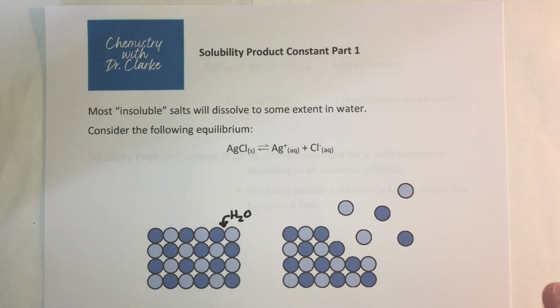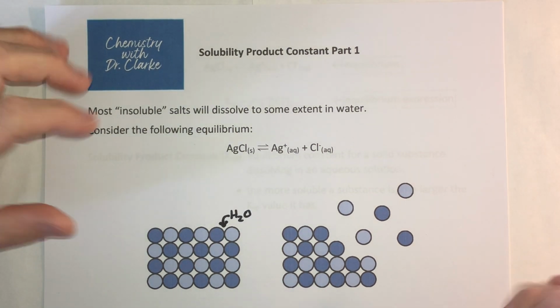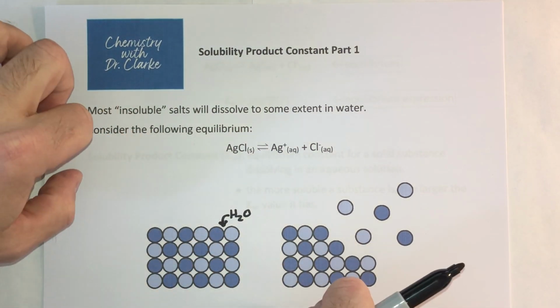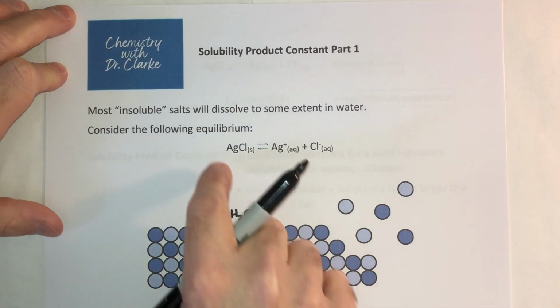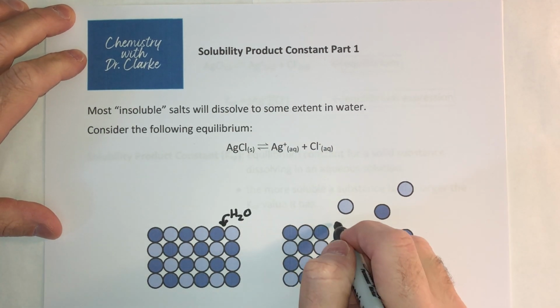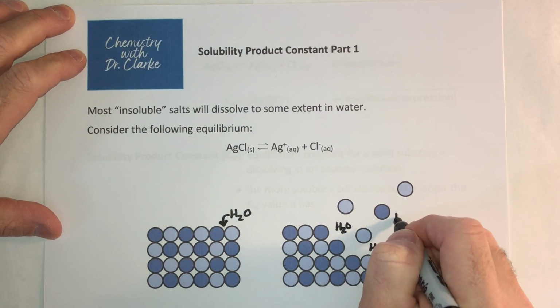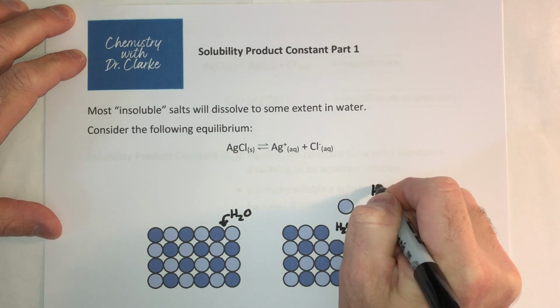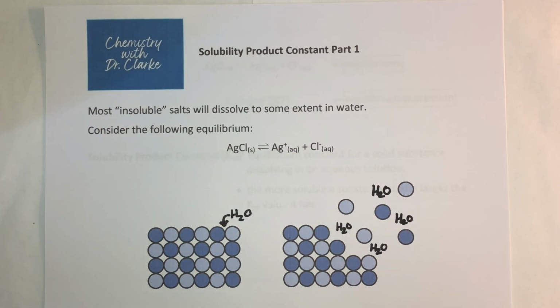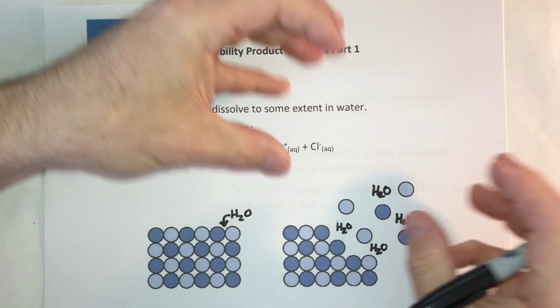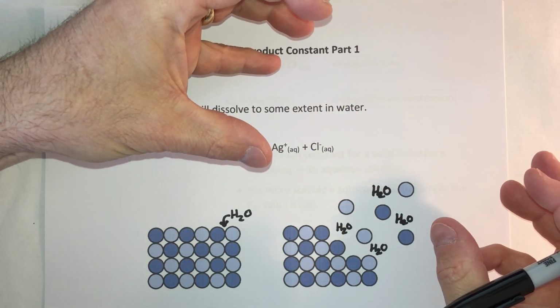If you have something that is very low solubility, then the water has a very difficult time wedging these ions apart. So for the silver chloride, the water will get in and force a few of these ions to separate out and become dissolved, but not all of them. Turns out very few of them are actually forced apart and forced to dissolve.